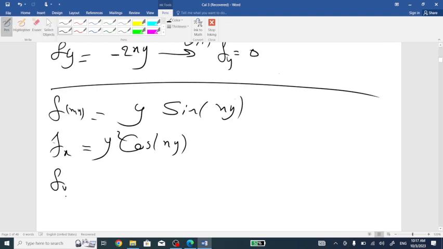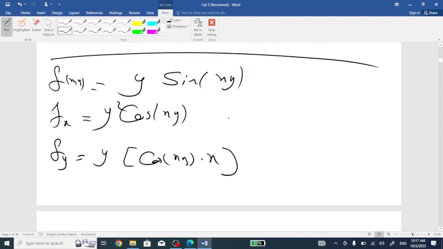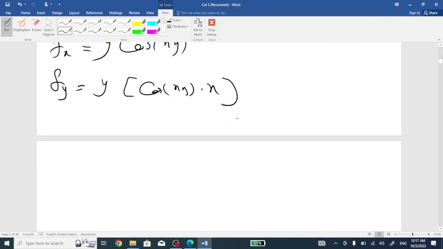Yes, f sub y. So, y is not a number now. We have two functions. First, times the derivative of the second. Am I right? yx, because look here, derivative of the angle now by y.